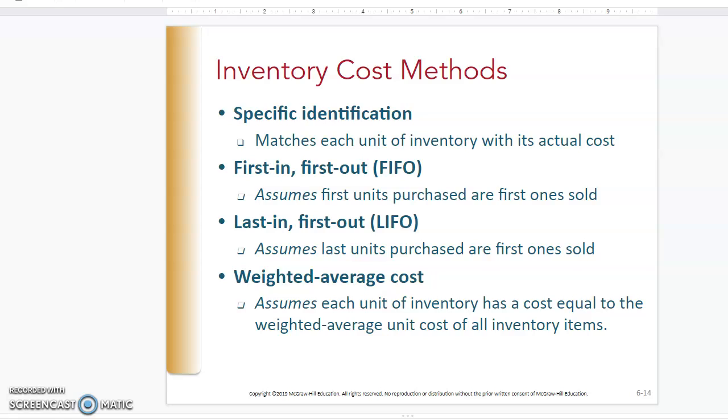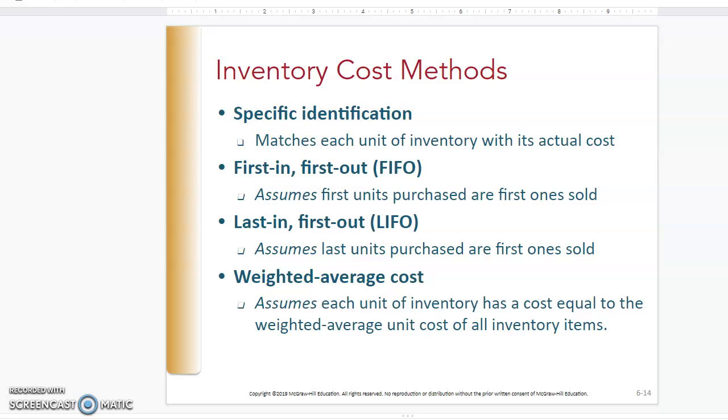They may be different colors, different sizes, but they're very similar, and we're not going to keep track of every single pair of shoes. So we're going to use one of these 3 methods. These are methods that make assumptions about which units were sold, even though that may not be the actual flow of the inventory items.